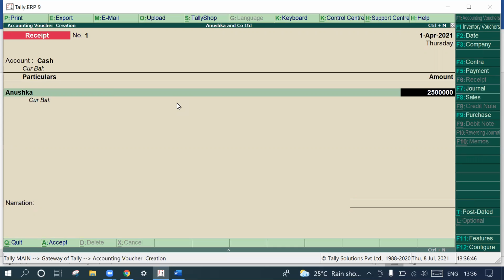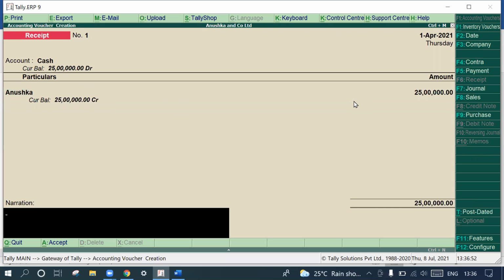Enter. See, it is received from Anushka. Enter. So the narration is common: being the capital brought.